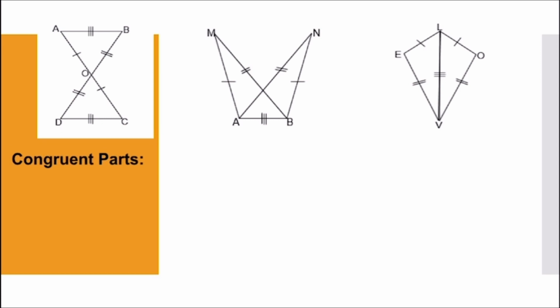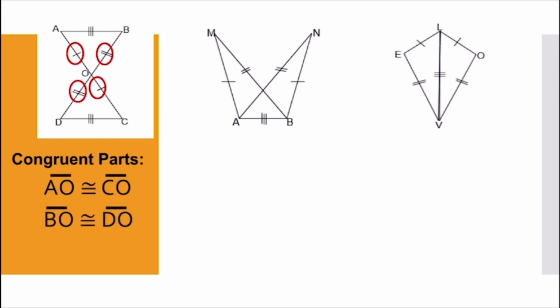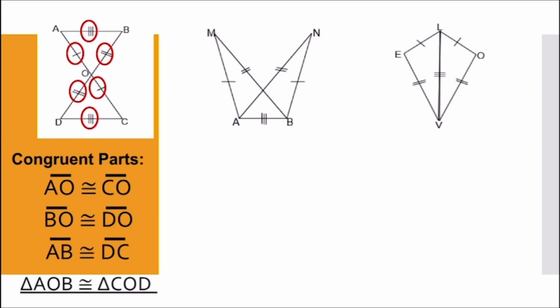For our first figure, let's identify the congruent parts. Line segment AO is congruent to line segment CO. Line segment BO is congruent to line segment DO. And line segment AB is congruent to line segment DC. Then, triangle AOB is congruent to triangle COD.